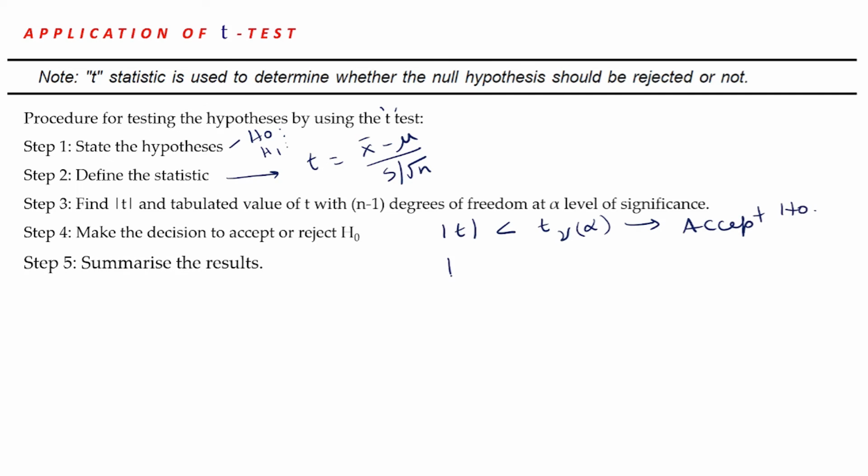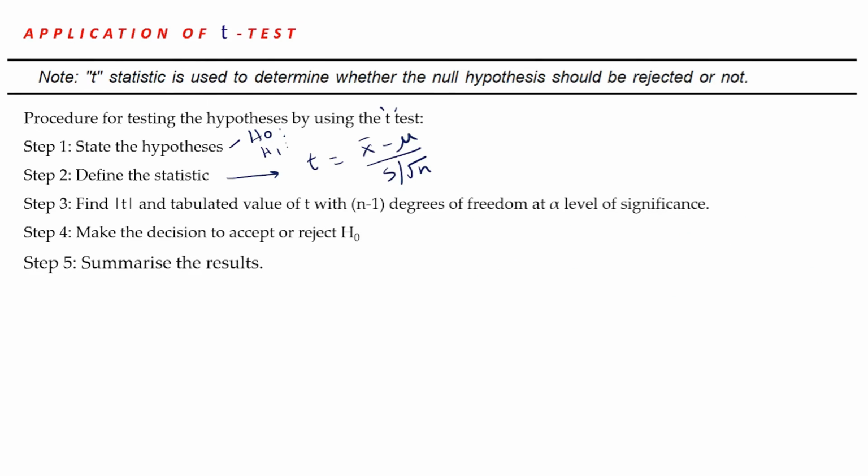On the other hand, if the calculated t value is more than the tabulated value of t, in this case we reject H0. Accordingly, based on the decision that we have made, we have to summarize the result. All these steps will become familiar as we solve a number of problems on one sample t-test.